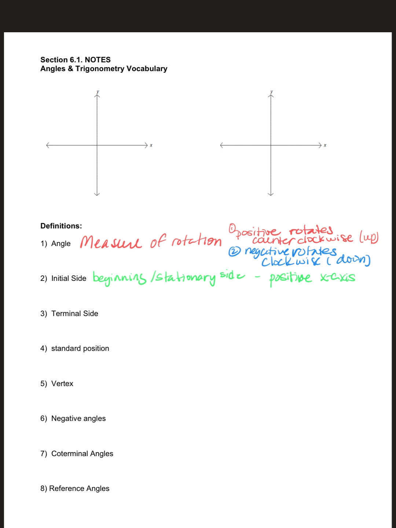Terminal side. Now this is the side that's rotating. So it is the ending, and it is the rotating side. That's where you end, but this is what rotates around the axis above there.